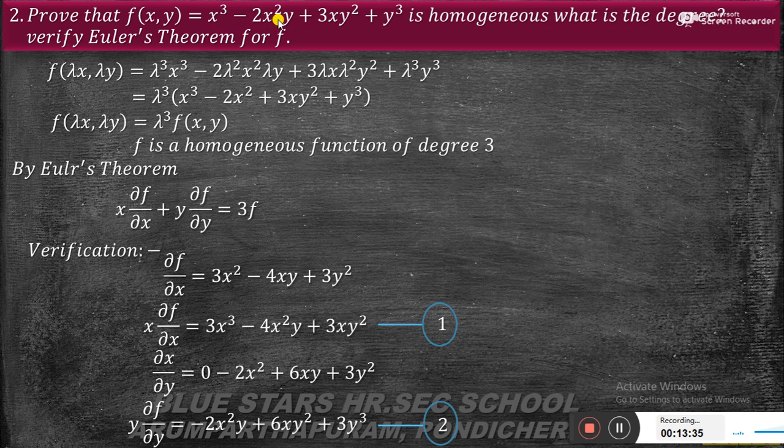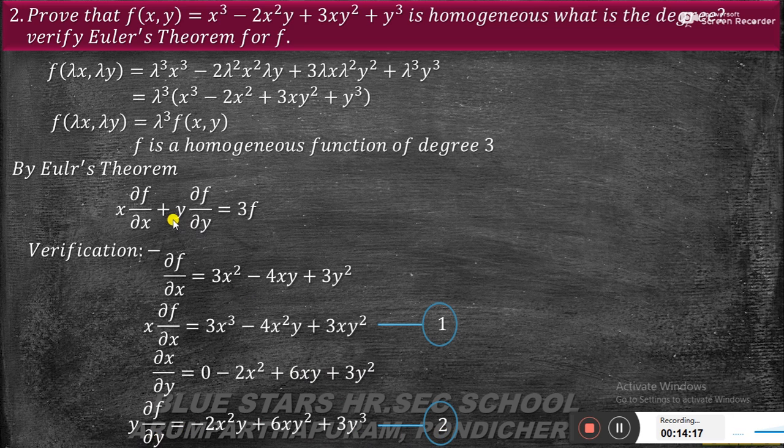The second term gives −2x², since the differentiation of y is 1, plus 3x into 2y, so 6xy, and the differentiation of y³ is 3y². Therefore ∂f/∂y = −2x² + 6xy + 3y². Next I multiply by y: y ∂f/∂y = −2x²y + 6xy² + 3y³. This is equation number 2.